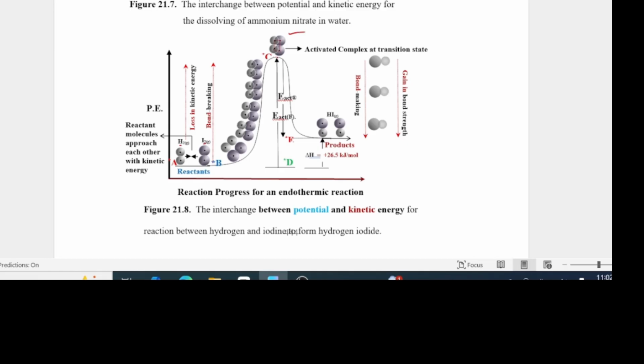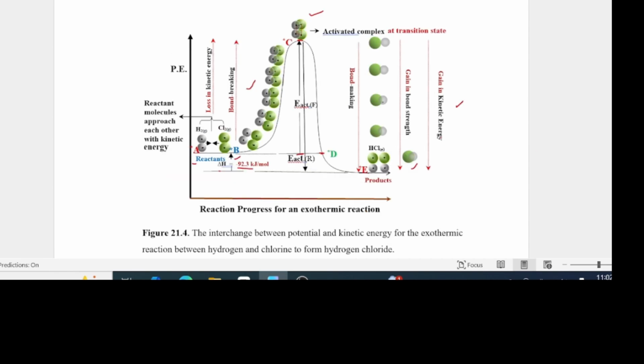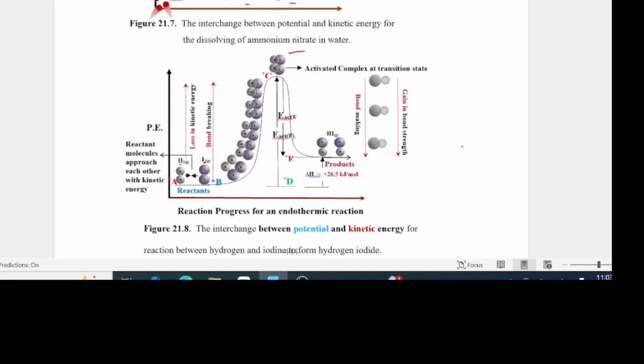There's also what is called the energy of activation for the reverse reaction. So that is the energy of activation in the forward direction, and this is the energy of activation in the reverse direction. So look now, there's a difference here.